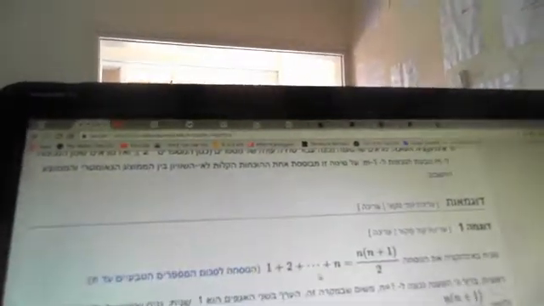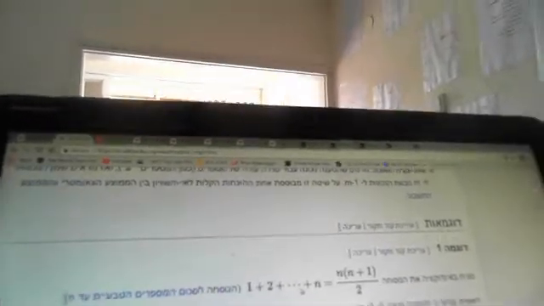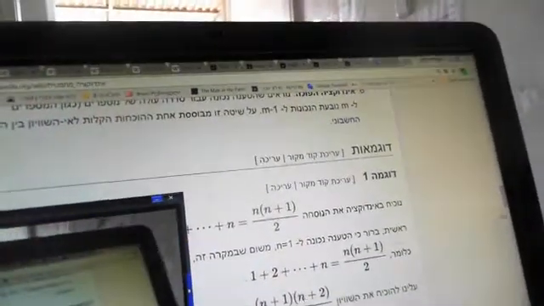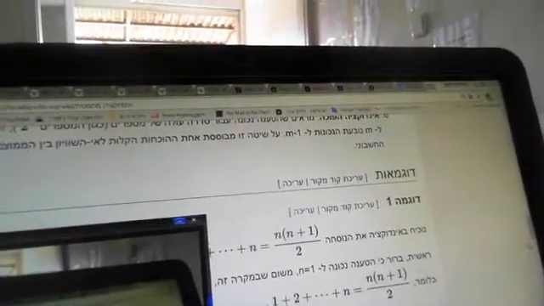I hope that you understand it. So we proved by mathematical induction that 1 plus 2 plus 3 plus 4 plus n is equal to n multiplied by n plus 1, and all is divided by 2. Okay, that is what we proved there.